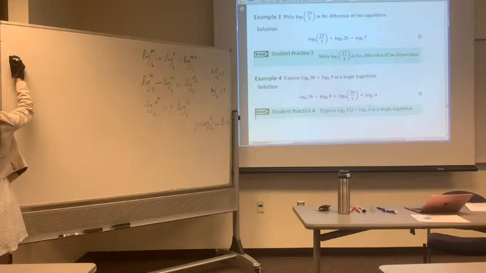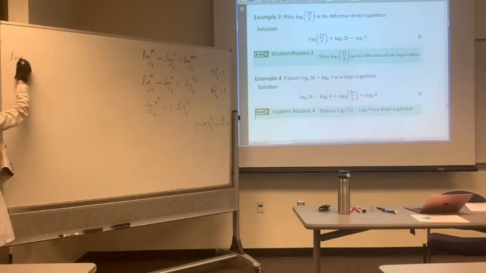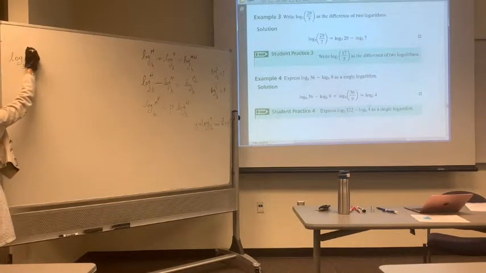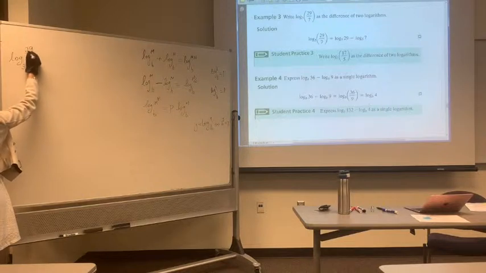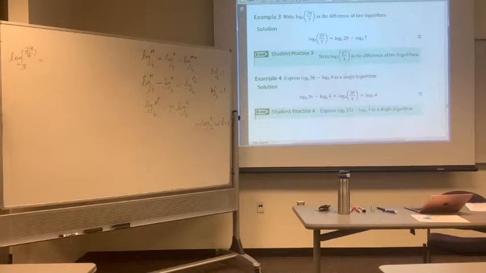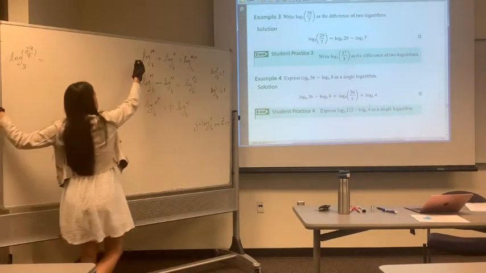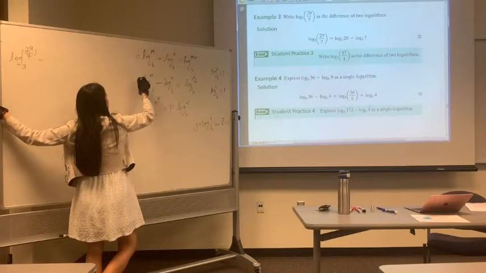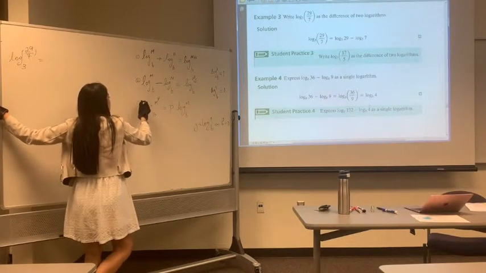We have log. Base is 3. The argument is 29 divided by 7. So I'm going to use the second property. Let's say this one is 1, 2, 3.